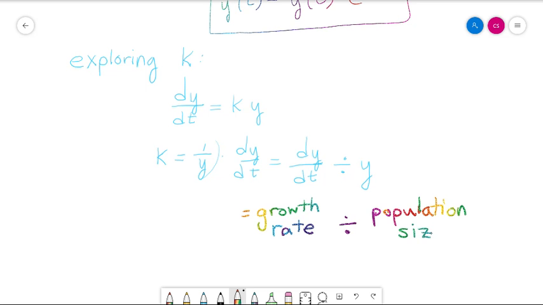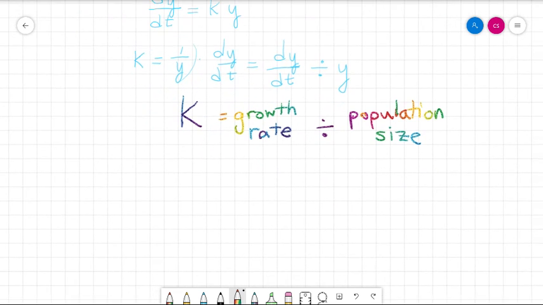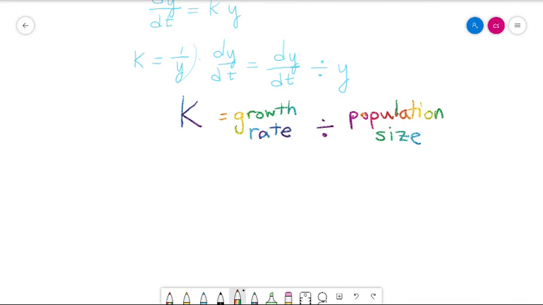So this is what k is. Growth rate divided by population size, it's the relative growth rate. We call that the relative growth rate. And it is a constant.